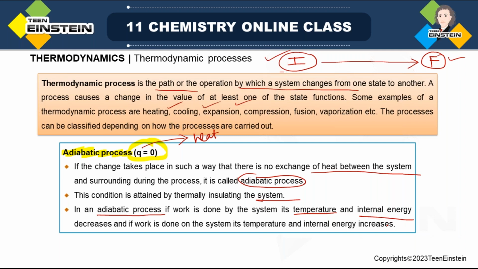Internal energy we will see separately in detail. It is basically the total energy that can be present in the system in different forms, not necessarily in any particular form. It may be thermal energy, electrical energy, mechanical energy. The summation of all the energy together is actually the internal energy. But the important point is that when work is done by the system in an adiabatic process, temperature falls and internal energy falls because it has done some work.